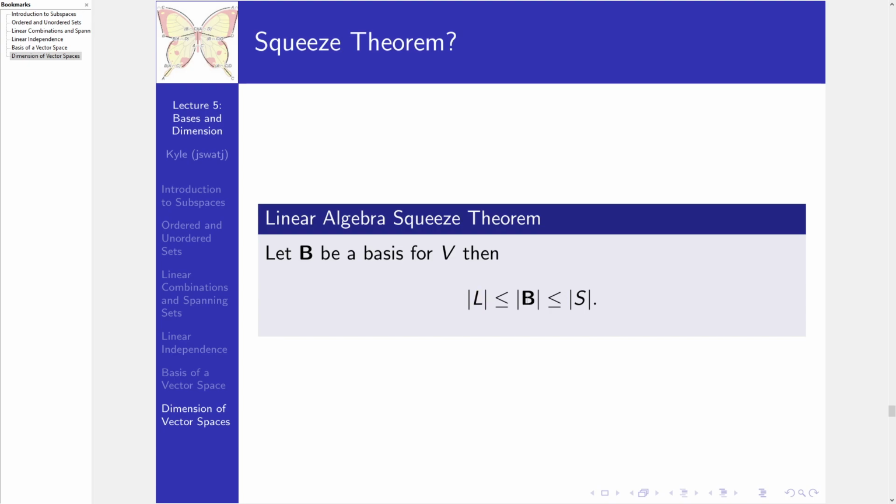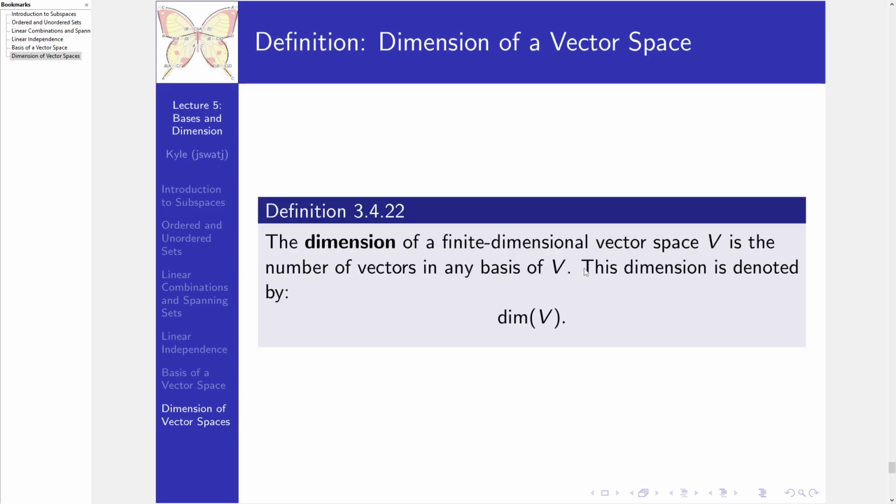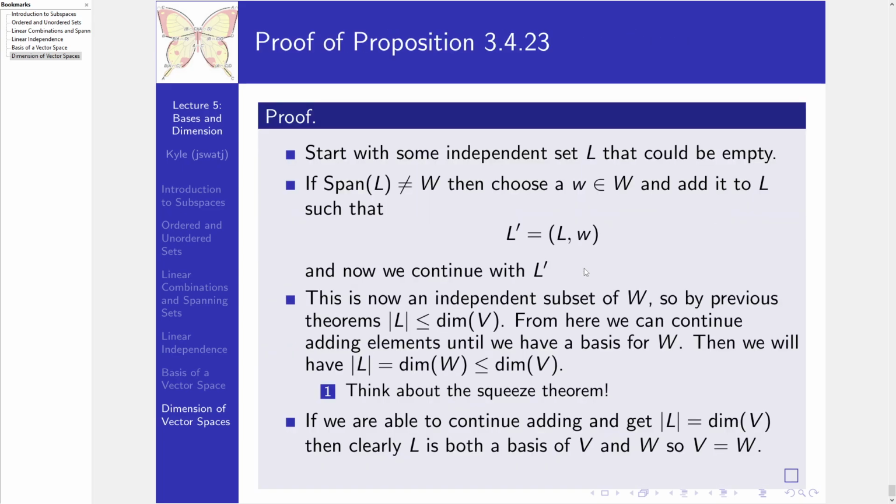It's an independent set, so it would be less than the basis. And then from here, we can continue adding elements until we have a basis. And then eventually we will have a basis for W, which is less than the dimension of V. I think I wrote, think about the squeeze theorem for this question.